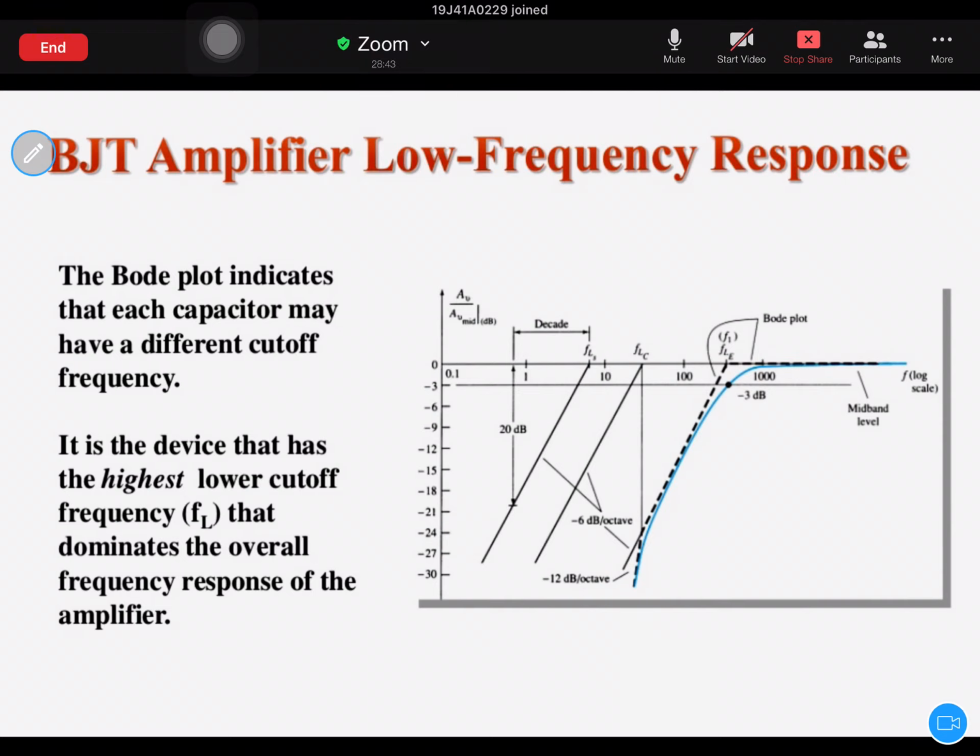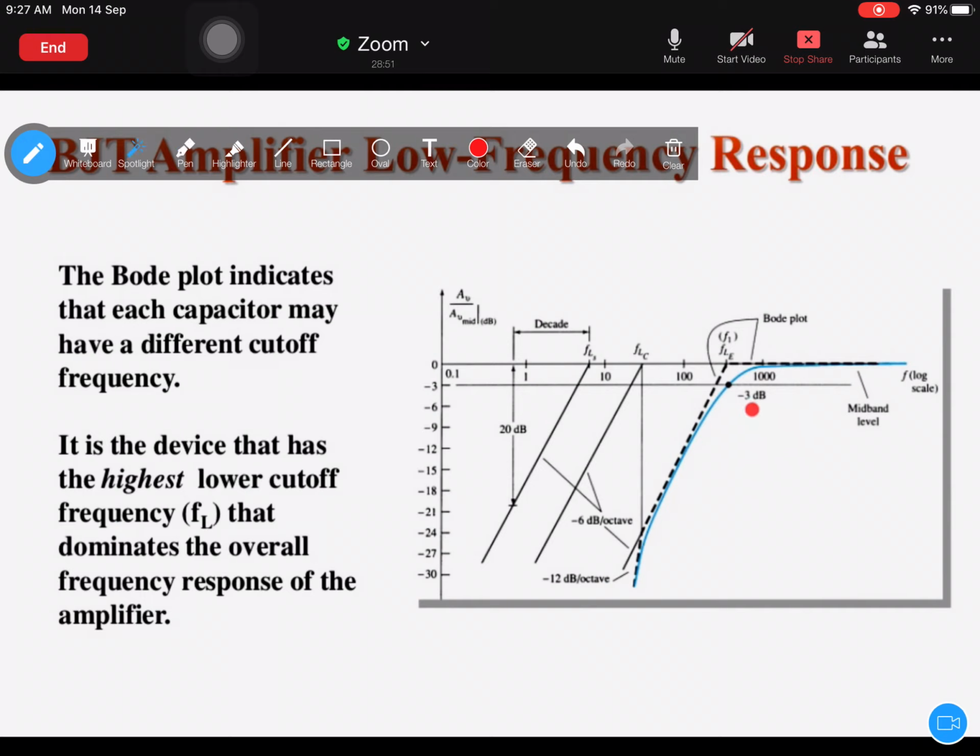And once you draw the graph, as you can see here, in the low frequency end below 3 dB, this is the gain at which the power value will be half the original value, nothing but the maximum value that you get at the mid band range.